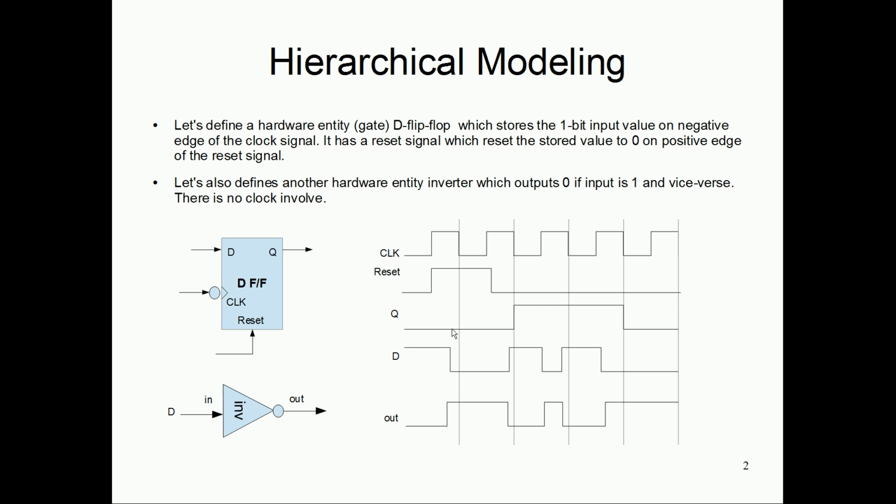Then what we see is that at the negative clock edge, D at that point was logic 1, so Q transitions to logic 1. At the next falling edge of the clock, Q remains 1 because D at that point is 1.